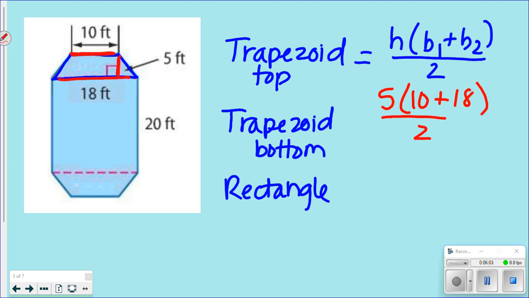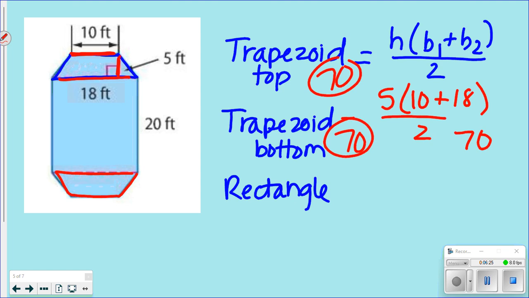I'm going to calculate that quick. So it's going to be 5 times 10 plus 18 divided by 2, and that's 70. So for one trapezoid, I got 70. And since the bottom trapezoid is the exact same, we're going to count that as 70 also.